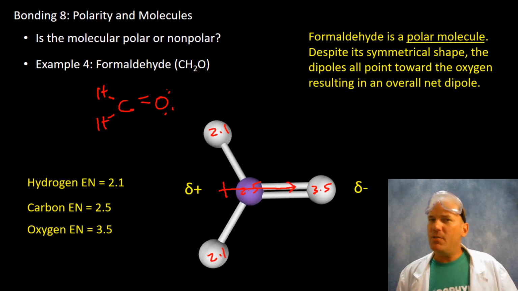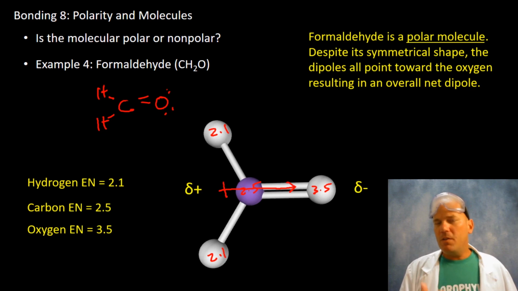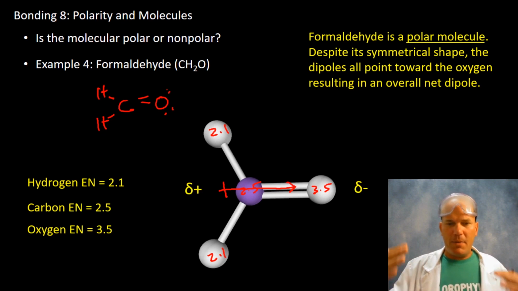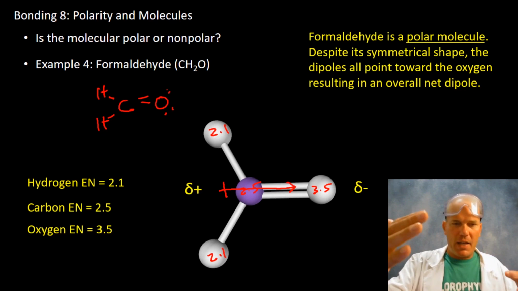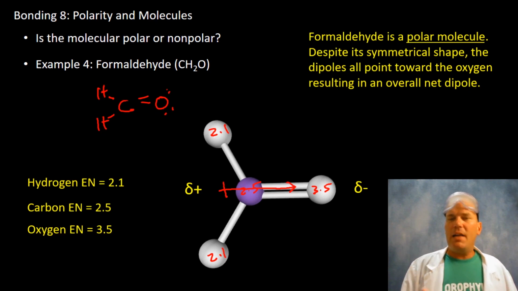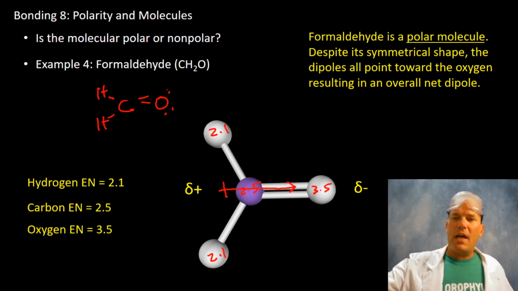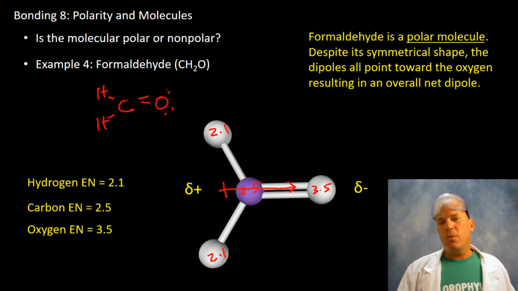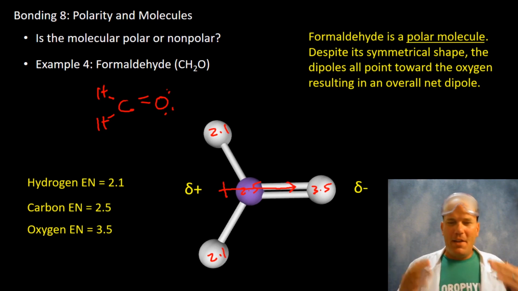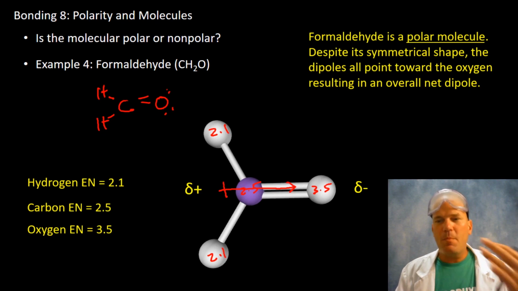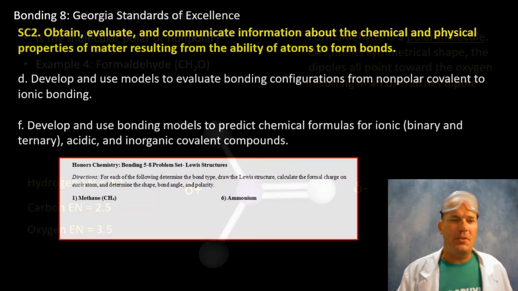Again, it is symmetrical in its shape. However, when we look at the individual bonds going on here, the carbon-hydrogen bonds and the carbon-oxygen bond, overall our dipoles are pointing in the direction of the oxygen, resulting in an overall net dipole. So formaldehyde is a polar molecule.